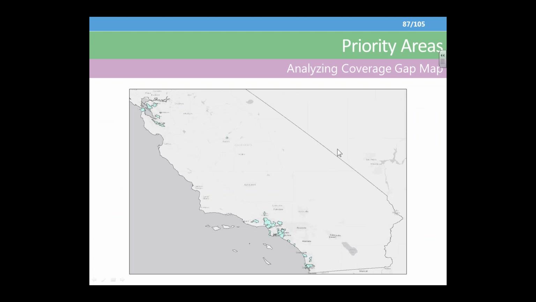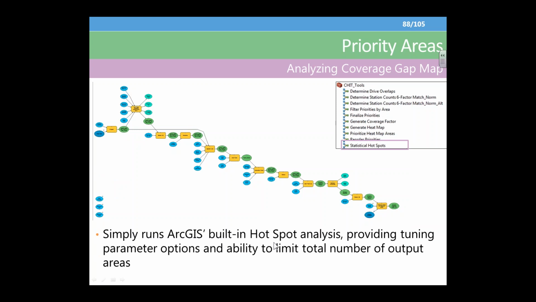You can see some of these areas look a little bit similar to what our final priority areas were, but they're not quite the same, and that's because this is only the first step. The second step is to run ArcGIS's built-in hotspot analysis. This is a pretty sophisticated statistical analysis.